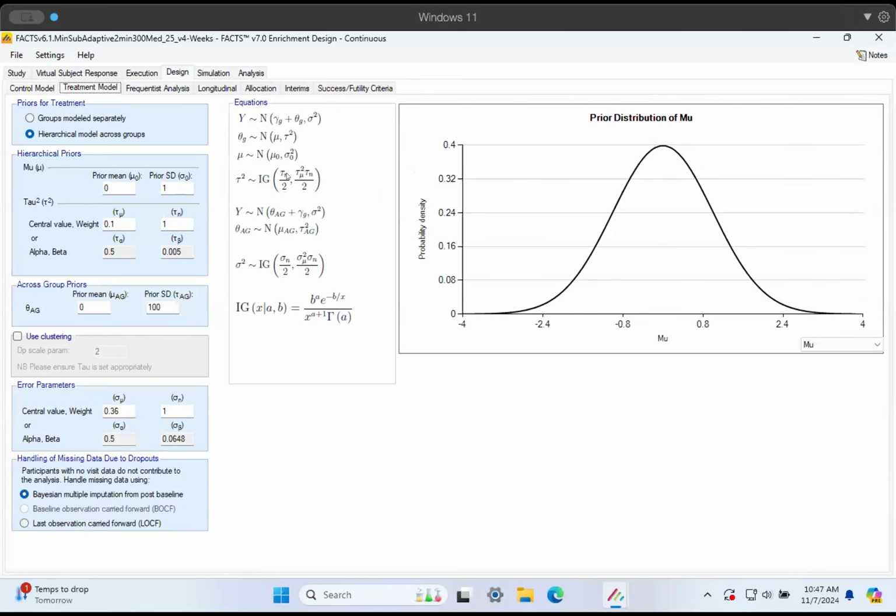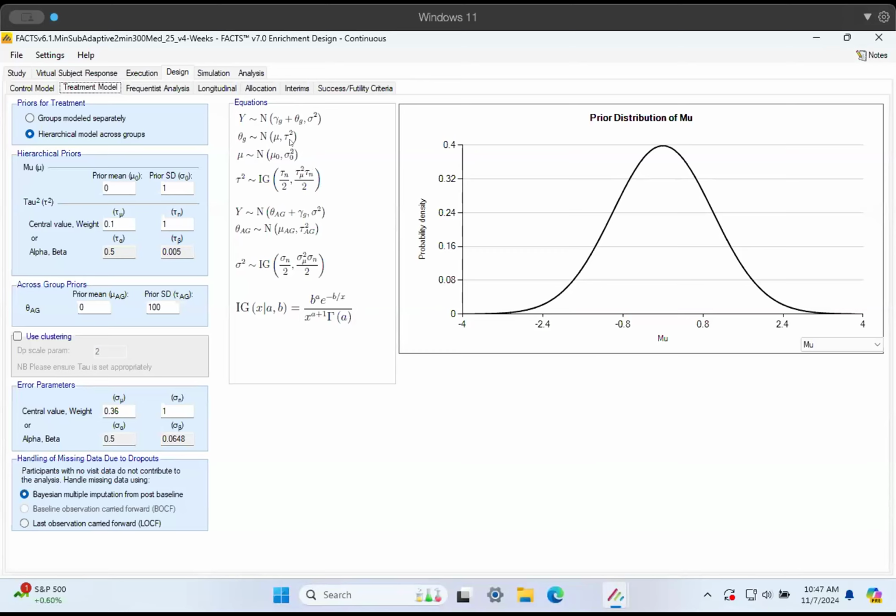When we add in the treatment effects in the treatment model, we still have these gamma G's showing up. Those are the baseline control rates in the control group. And then the treatment patients get an additive term, theta G. The top equation here, this first Y, this is our interim analysis model. This is the hierarchical borrowing. Each location gets its own treatment effect estimate.